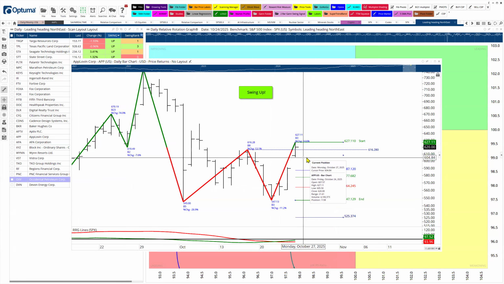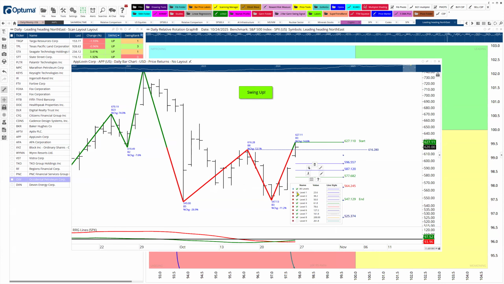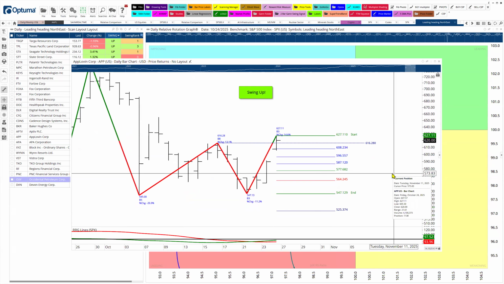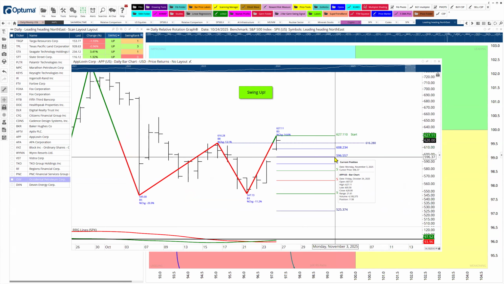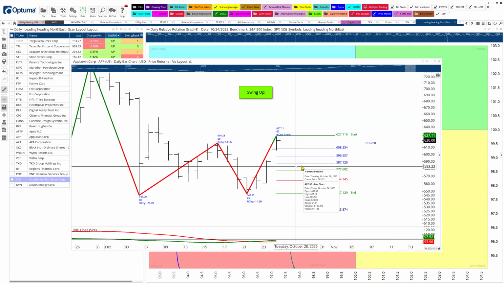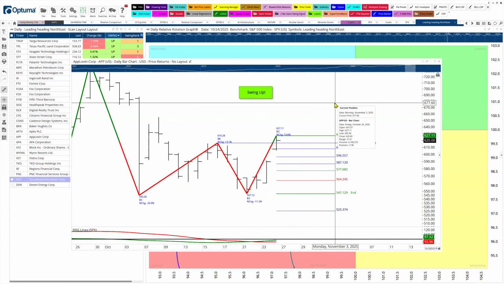So any retracement here, okay, is where you can buy. 608, 596, 587. Well, you don't know how much the price will back off, but this is where you could buy against this low to play the upside.